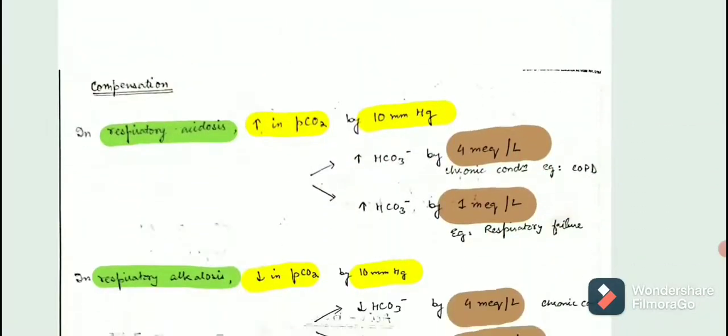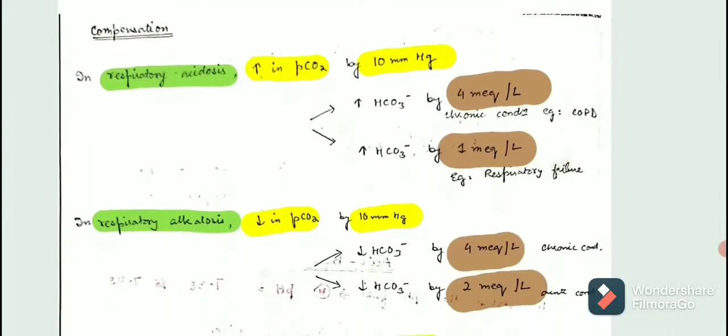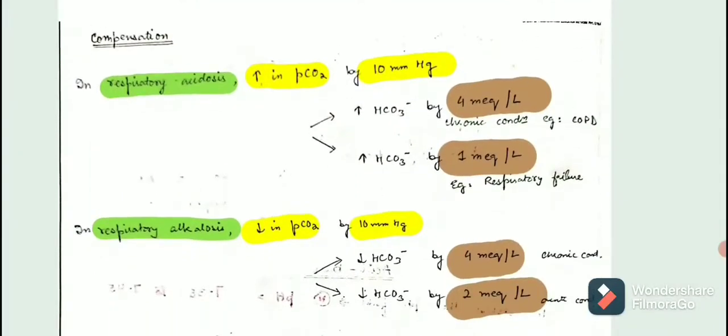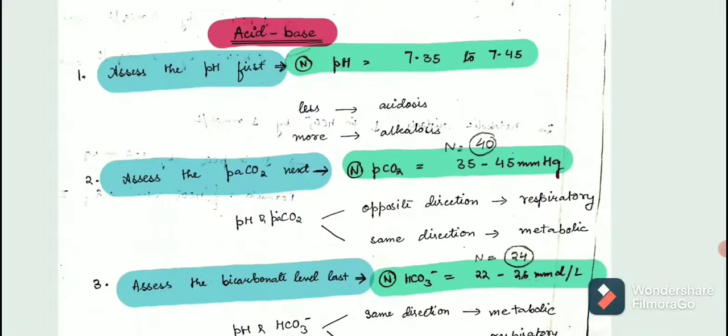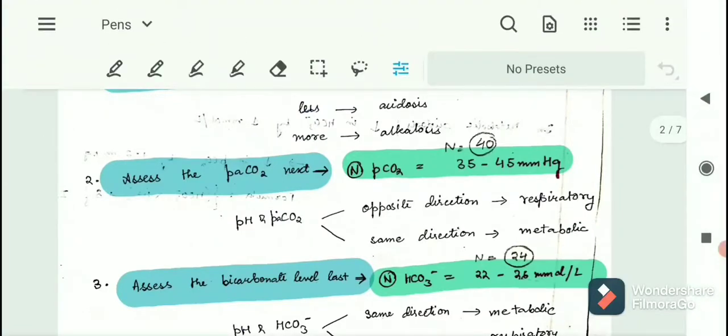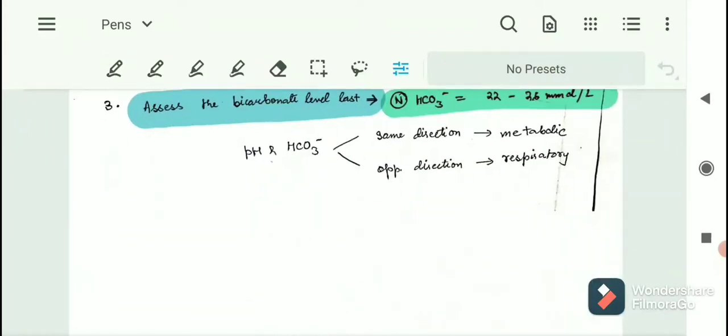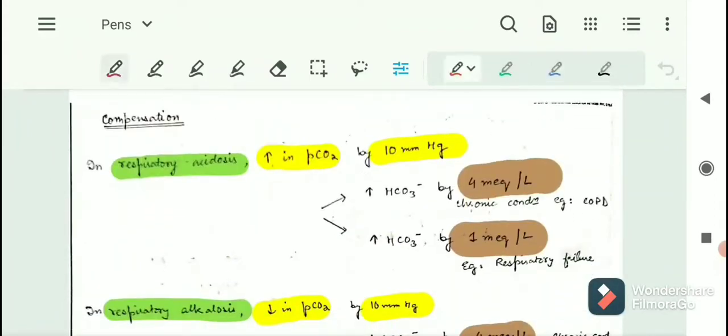Okay, so in respiratory acidosis there will be increase in PCO2. Now if this increase in PCO2 is by 10 millimeter of Hg, that is from normal 45 millimeter Hg, if this increases by 10, that means it becomes 55, we suppose.